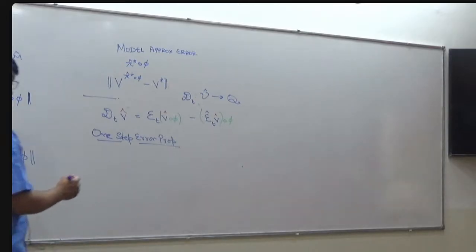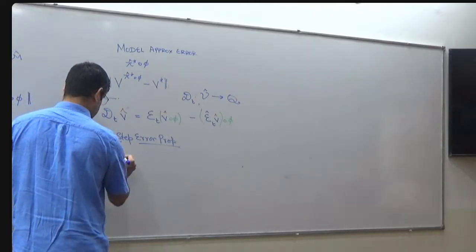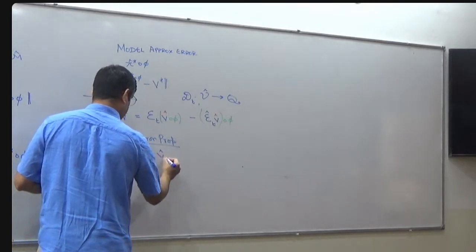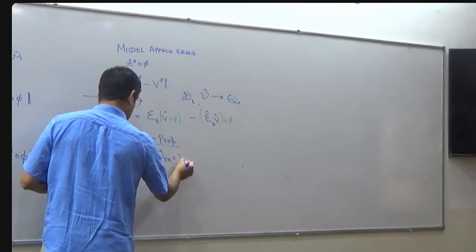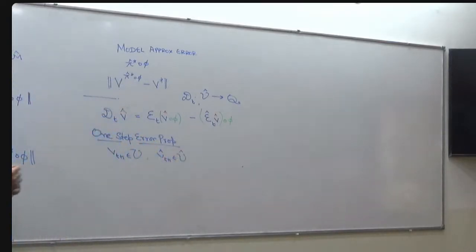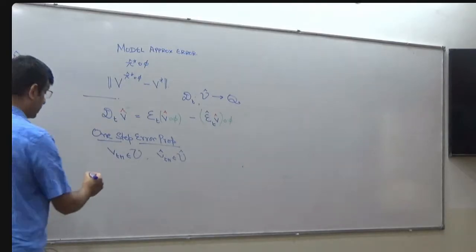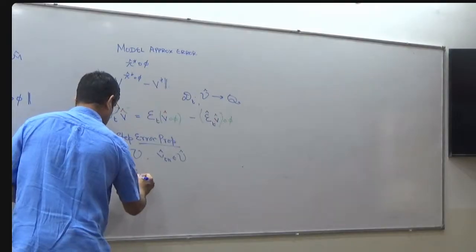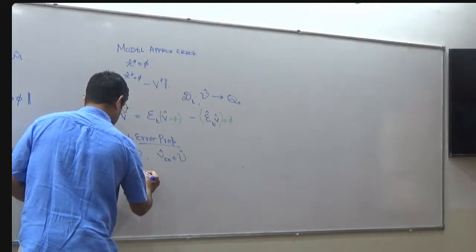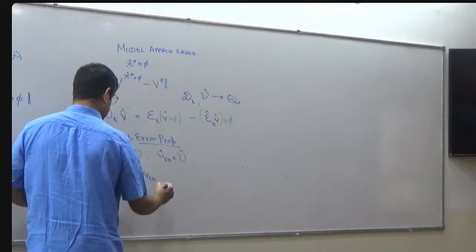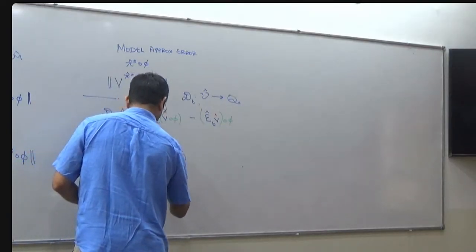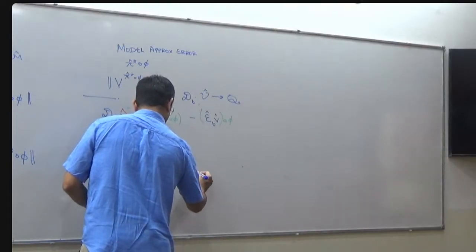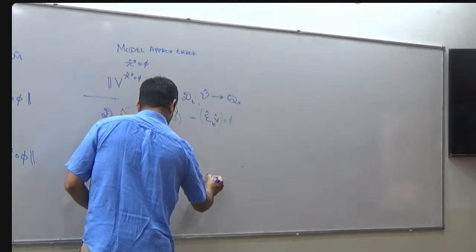So if I take a value function of the true model and an approximate value function of the hat model, I construct Q t plus 1 to be equal to the environment update of V t plus 1, and I generate Q hat t plus 1 to be the environment update of V hat t plus 1.